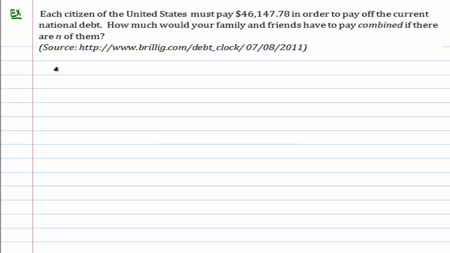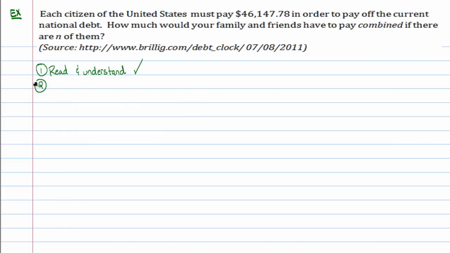So let's see. We've read the problem, so I'm just going to put 1. We read the problem. We kind of understand what's going on here, right? We know that they're asking us to write an algebraic expression for how much your friends and family would have to pay if we combine them all up. Okay.